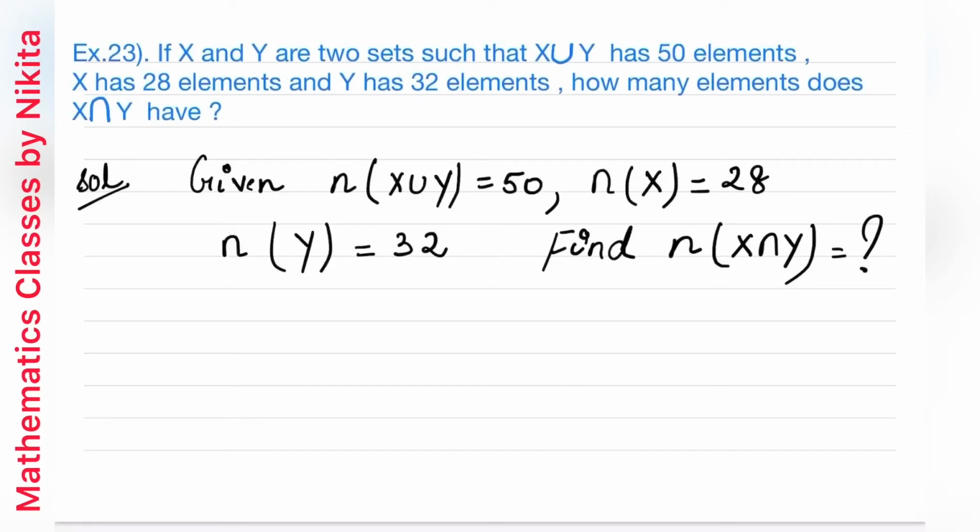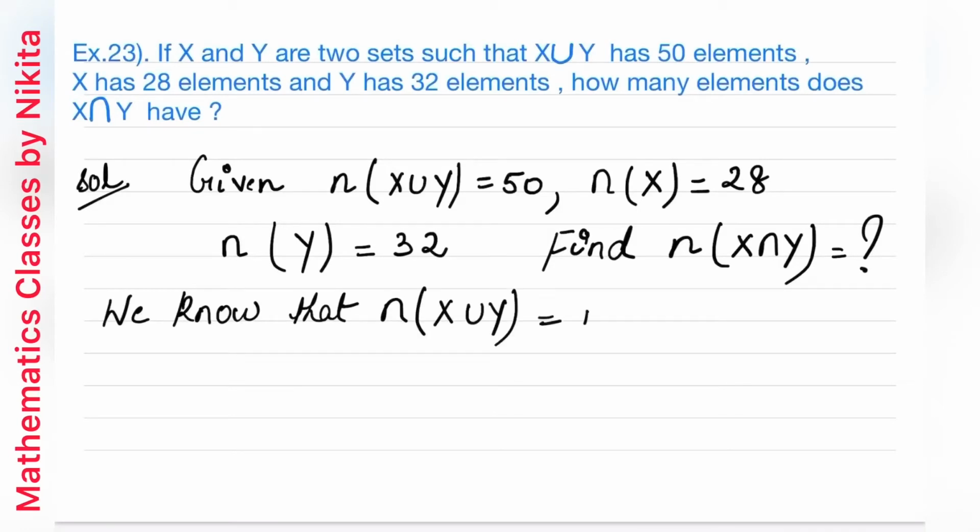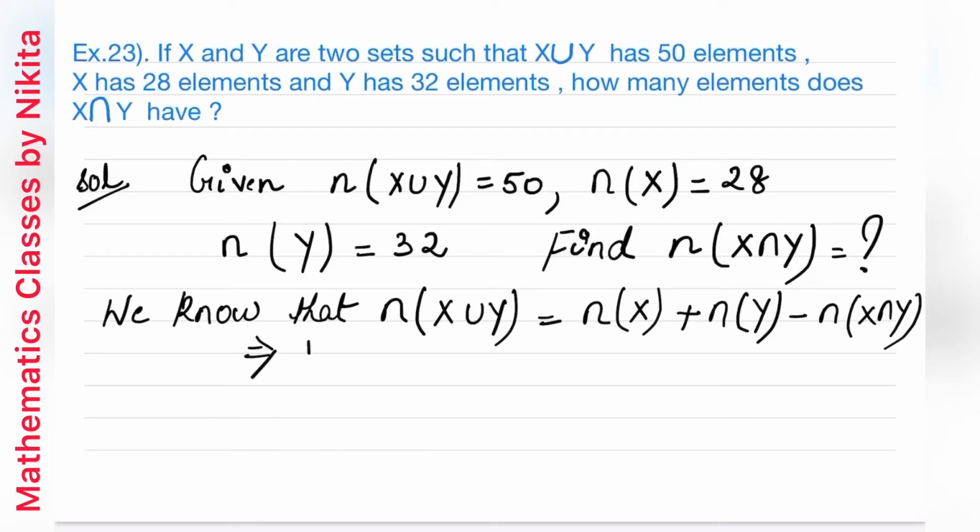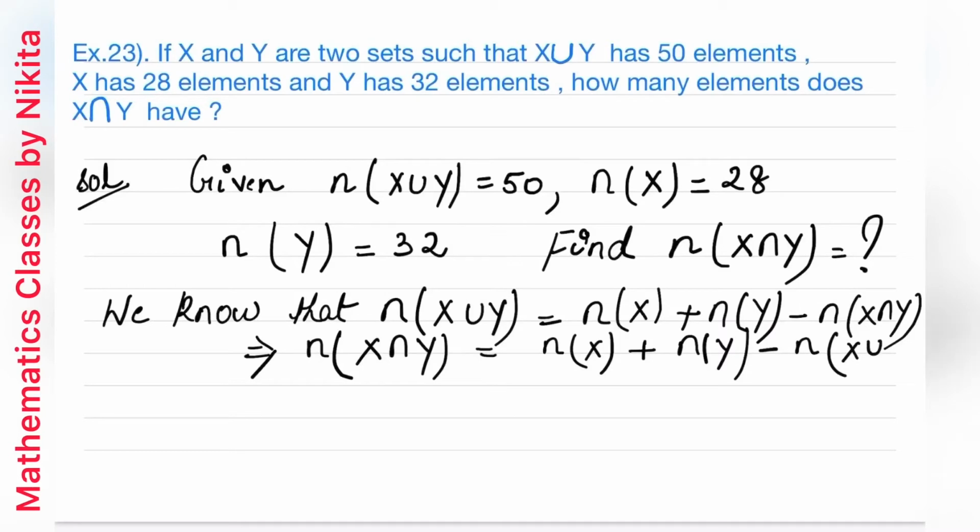Okay, so I can apply formula 2 here. So we know that the number of elements in X union Y is equal to the number of elements in X plus the number of elements in Y minus the number of elements in X intersection Y. So from here I will get that the number of elements in X intersection Y is the number of elements in X plus the number of elements in Y minus the number of elements in X union Y. Just now put the values.